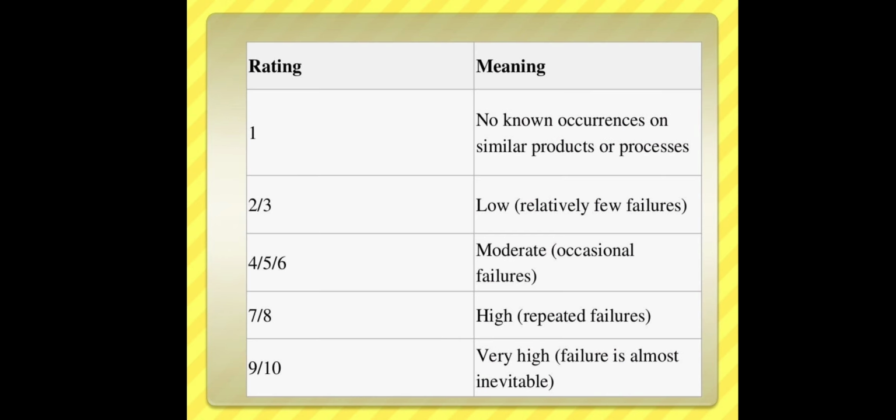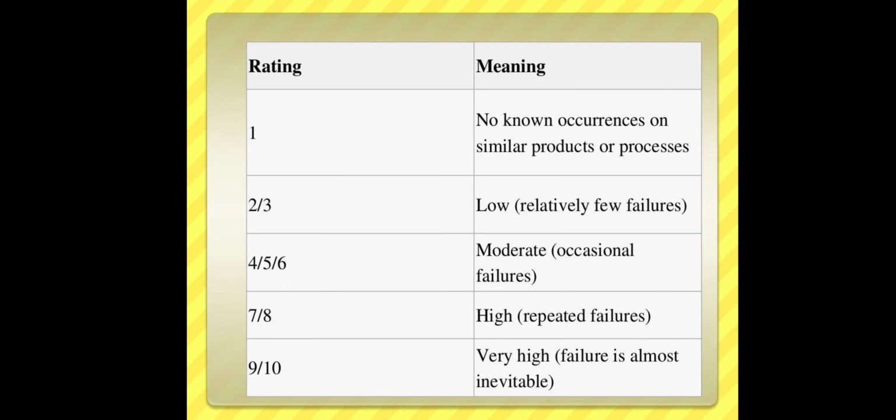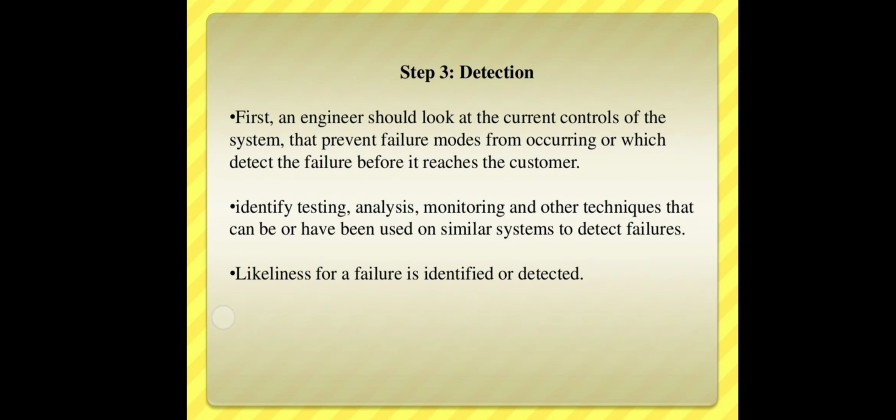When we give the occurrence rating, 1 means no known occurrence on a similar product or process; 2 to 3 is low, relatively few failures; 4 to 6 is moderate, occasional failures; 7 to 8 is high, repetitive failures; 9 to 10 is very high, a failure is almost inevitable.